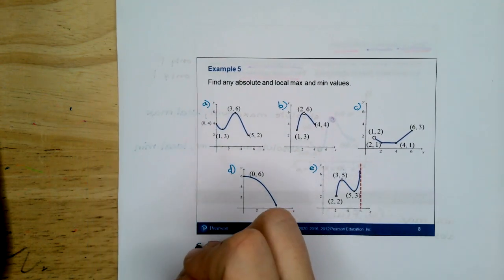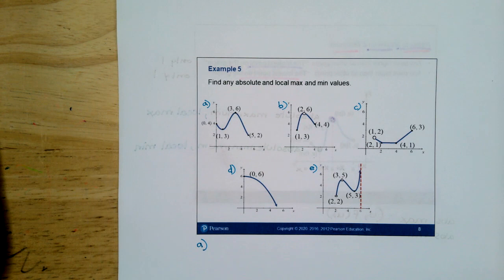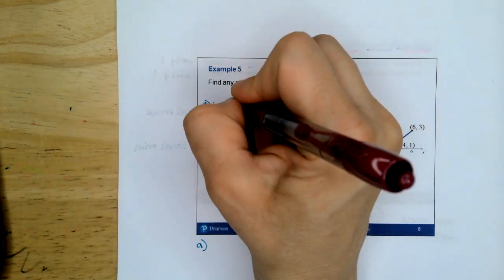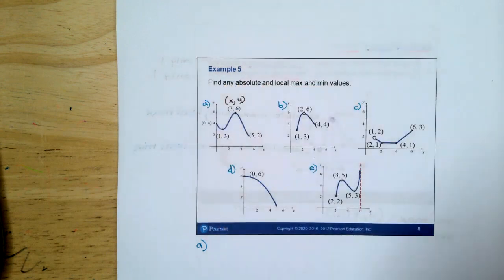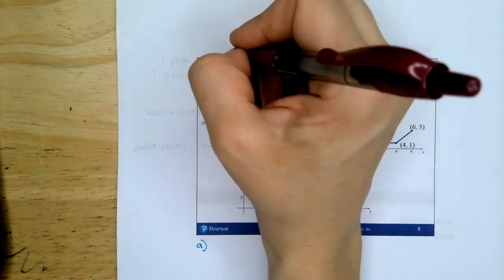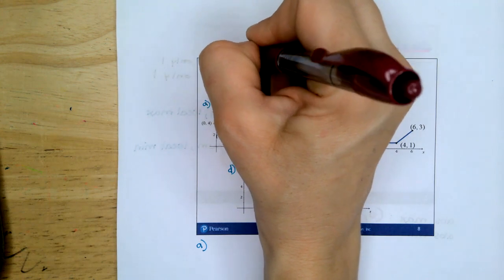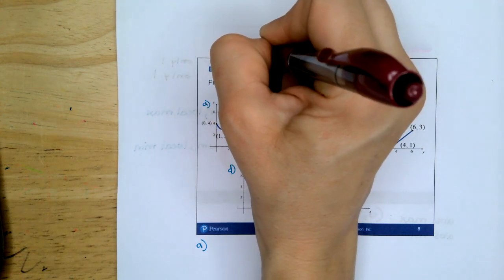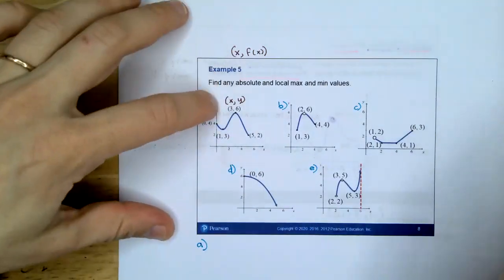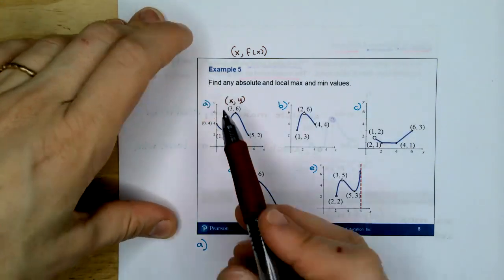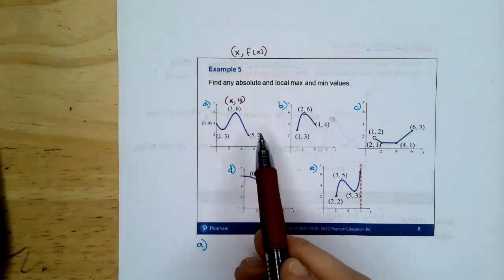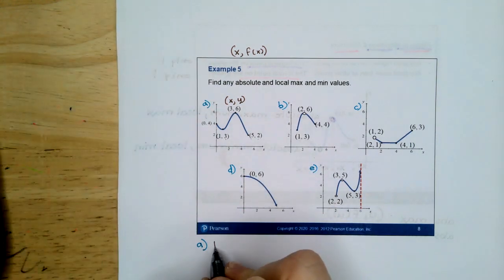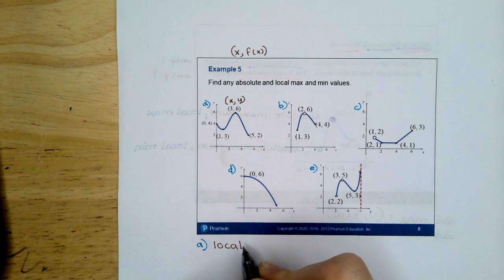So for letter A, let's talk about this, okay? 3 is my X, 6 is my Y, but the way we've been talking about it since we've started functions is X, comma, f of X. That is the same as XY, all right? So here my X is 3, my Y is 6, my X is 1, my Y is 3, my X is 5, my Y is 2. My local max.